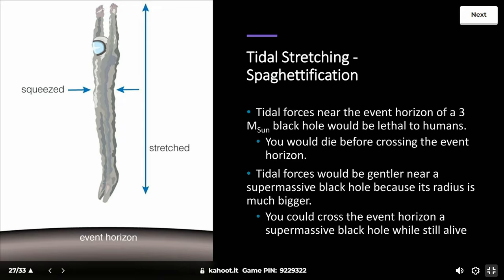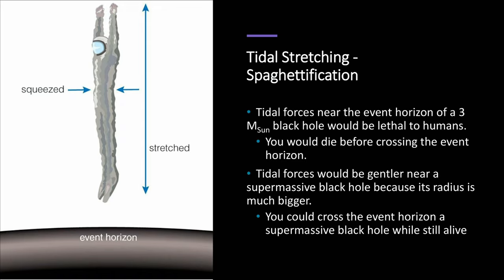We've talked about tidal forces before. So tidal forces are what cause the tides on the Earth and what cause certain objects to have their rotation locked as they orbit an object. And black holes have a lot of mass, and they will also exert a tidal force.